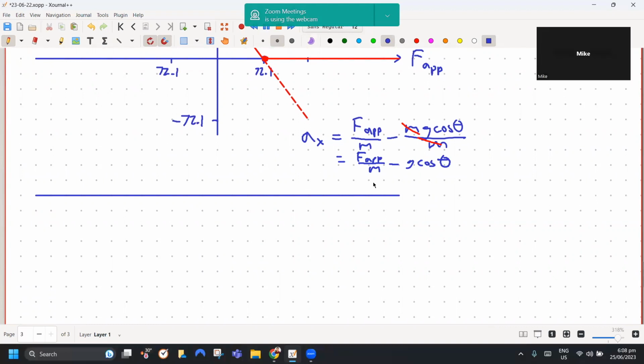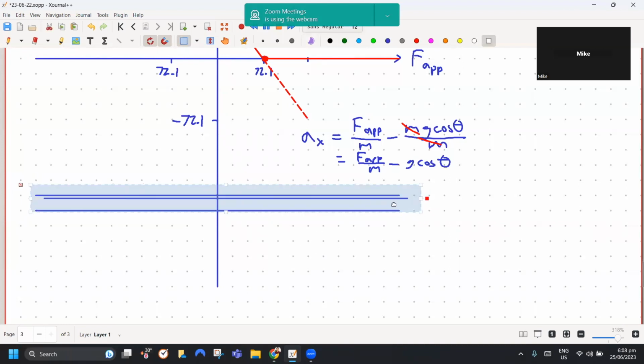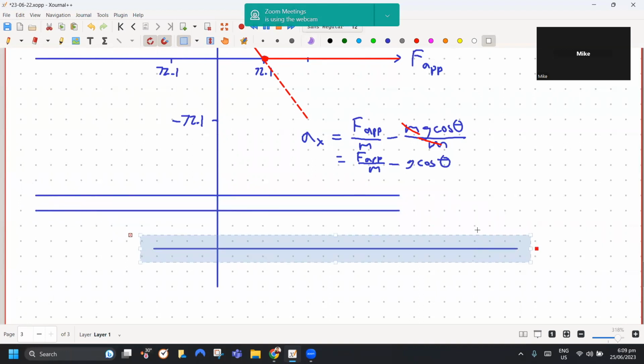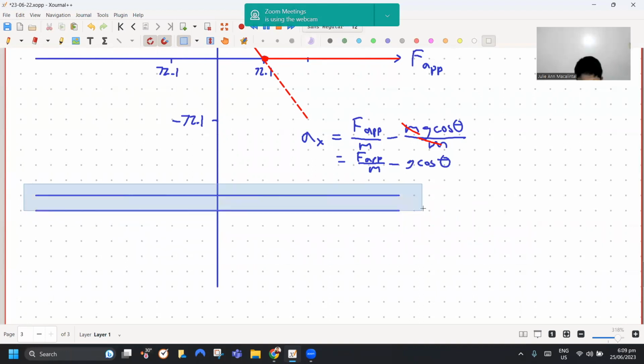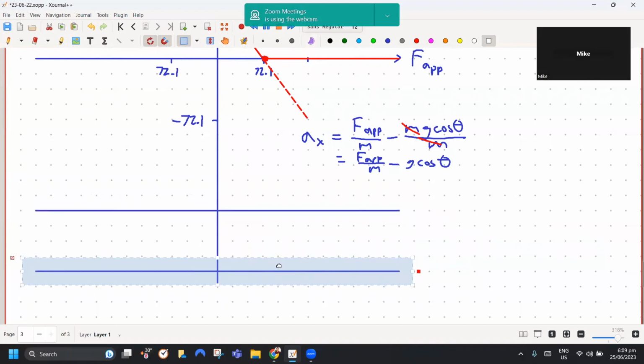Okay. So ngayon yung slope, so a sub x, yan yung y-axis. So a sub x is the y-axis, and yung x-axis is F applied over m. Mag-gawin ka ng separate na graph, dahil ibang ano na yan eh.